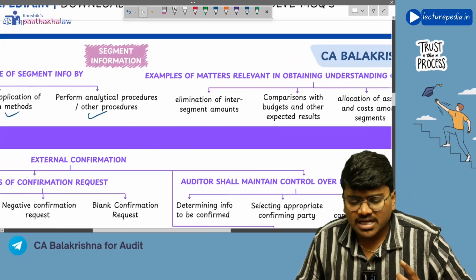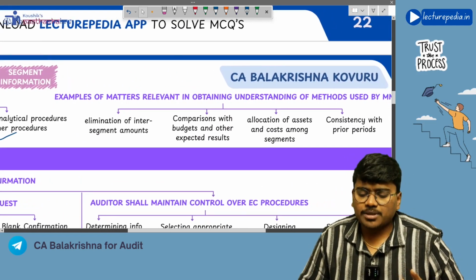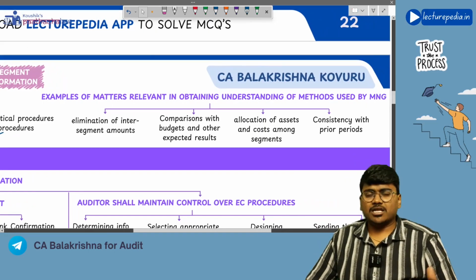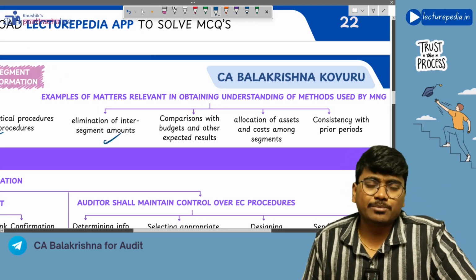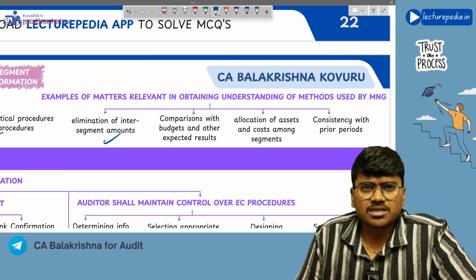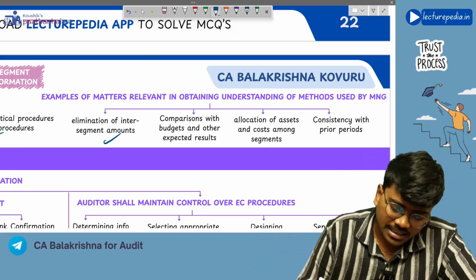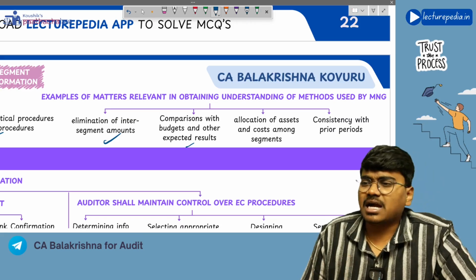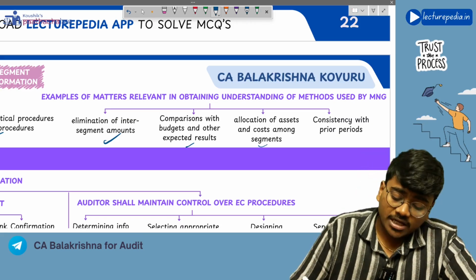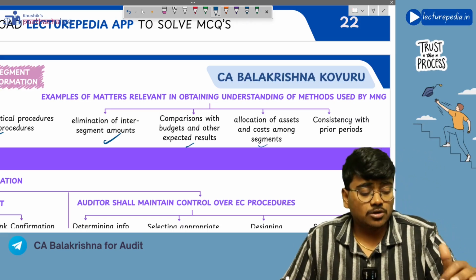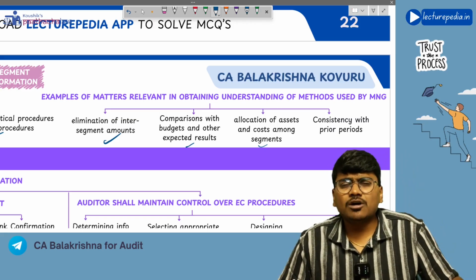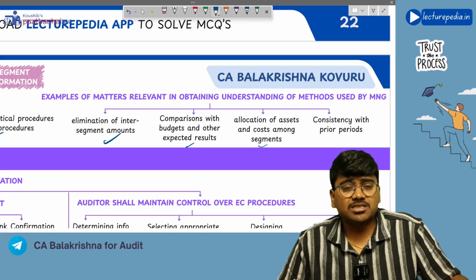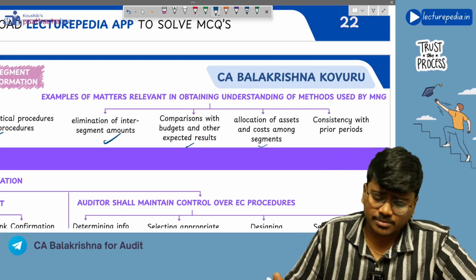Next, some examples of matters relevant in obtaining an understanding of the methods used by the management. You will see whether there is a proper elimination of inter-segment transactions. So inter-segment transactions have to be eliminated, right? Next, comparisons with the budgets and other expected results, and allocation of assets and costs among segments. So the common costs like salary of employees, rents, electricity bill should be allocated among the segments, right?